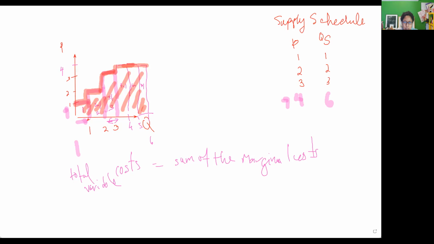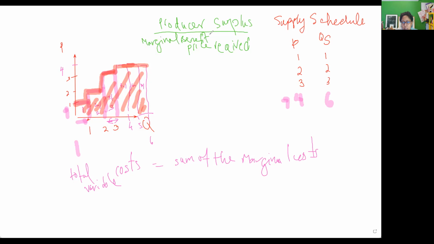Producer surplus, say green, producer surplus, again, it's a cost benefit analysis. So what's the benefit to any firm or person who's making a product to sell? It's the price received. That's our benefit.